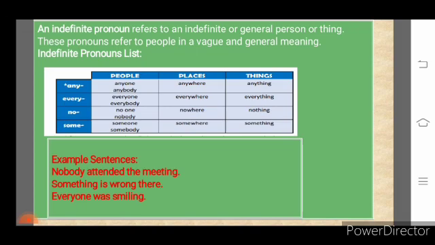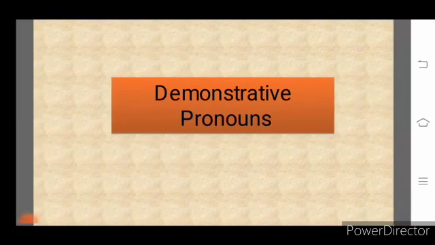Indefinite pronouns list: anyone, anybody, anywhere, anything, everything, everywhere, nowhere, nothing, somewhere, something, somebody, someone. So these all are the examples. Nobody attended the meeting, something is wrong there, everyone was smiling. So the subject is not specific in these sentences.